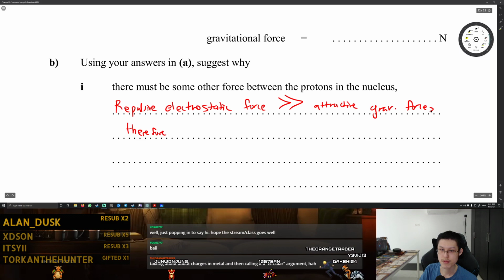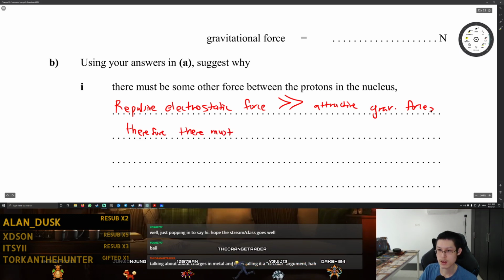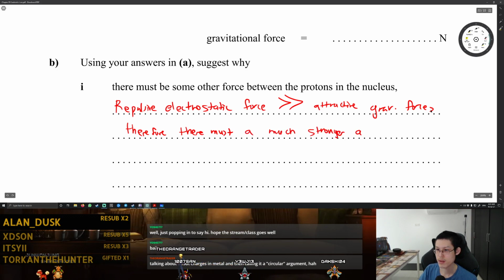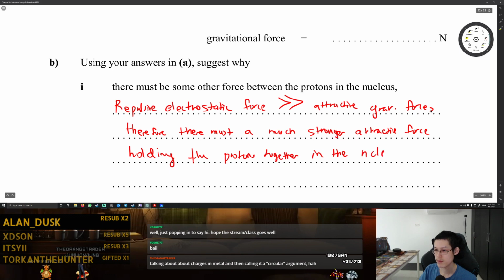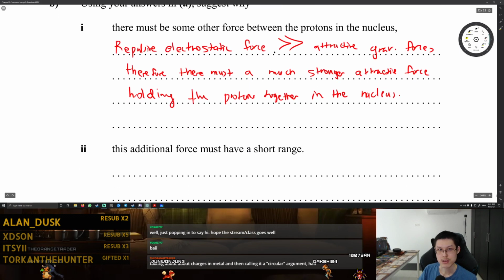Therefore, there must be a much stronger attractive force holding the protons together in the nucleus. There we go. Okay, so part 2.